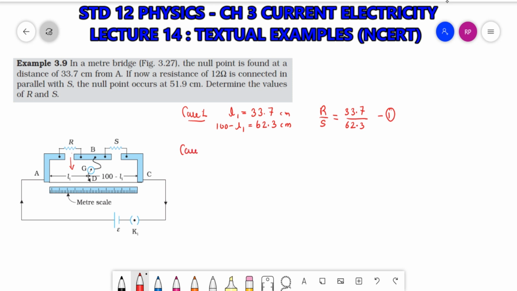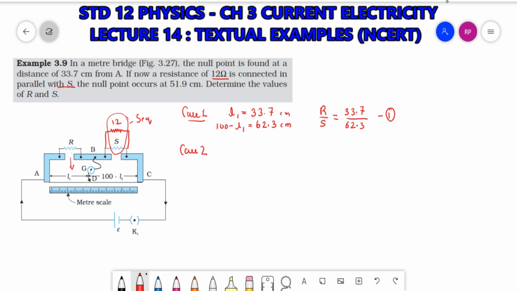Now, case 2. A 12 ohm is connected in parallel with S. Clear? I will take this as the equivalent.